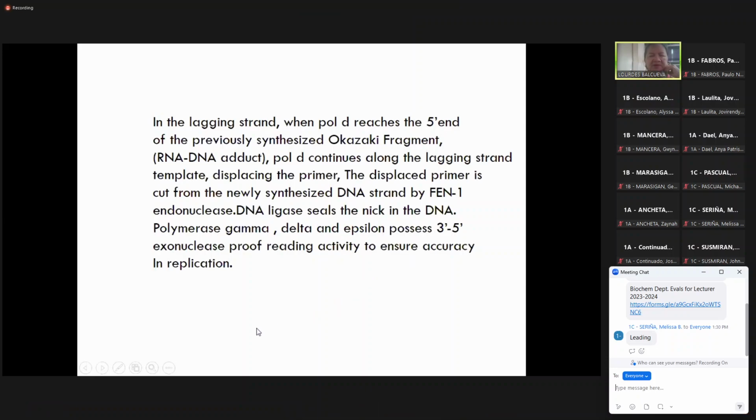Remember that your polymerase delta and epsilon have the 3' to 5' exonuclease proofreading activity. So it can repair. It is capable of DNA repair if ever there is a mutation, in order to ensure accuracy.